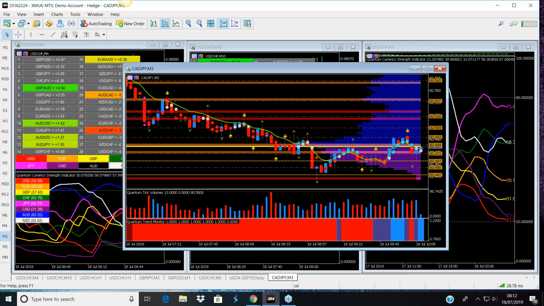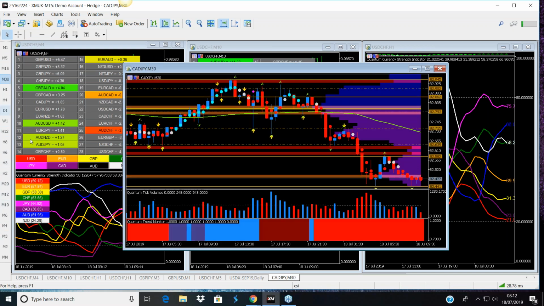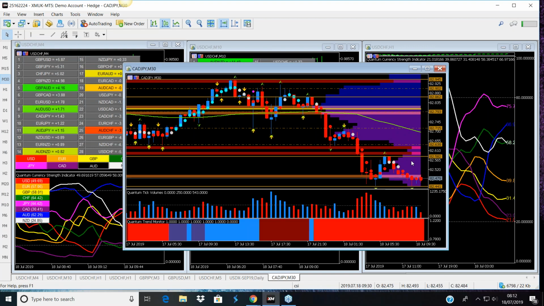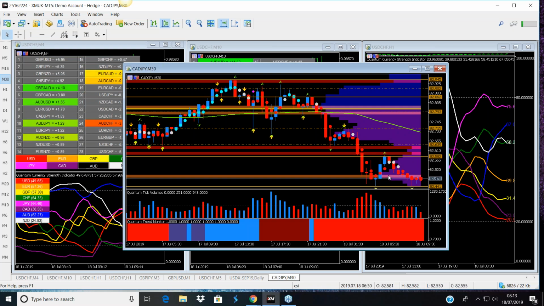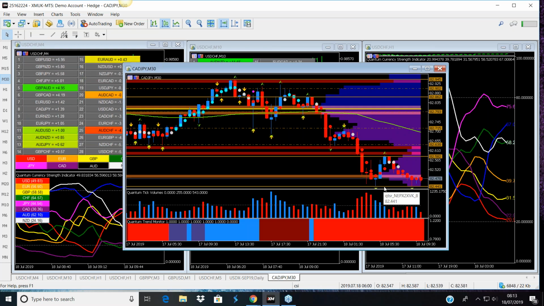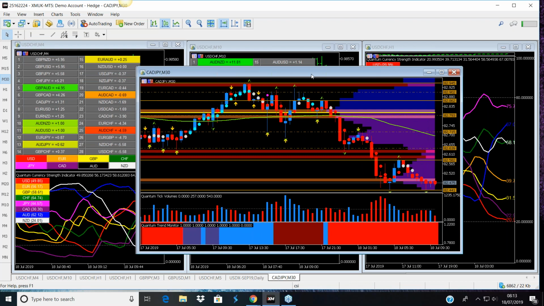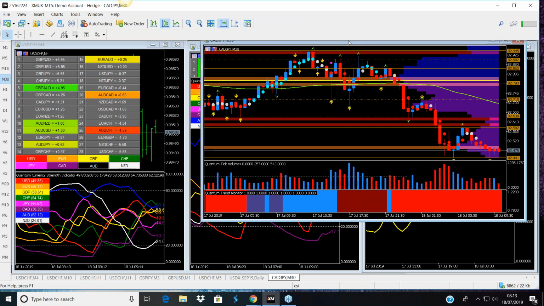Although I've got an hourly CSI, I've got a 30-minute. You can use the 20-minute, it's really very much up to you. You could see the move lower. Then this was really the series of candles that caught my eye from a VPA perspective. Then the strong platform of support that has been built here at 82.44, and going down to the faster time frame, seeing how the price action is developing.